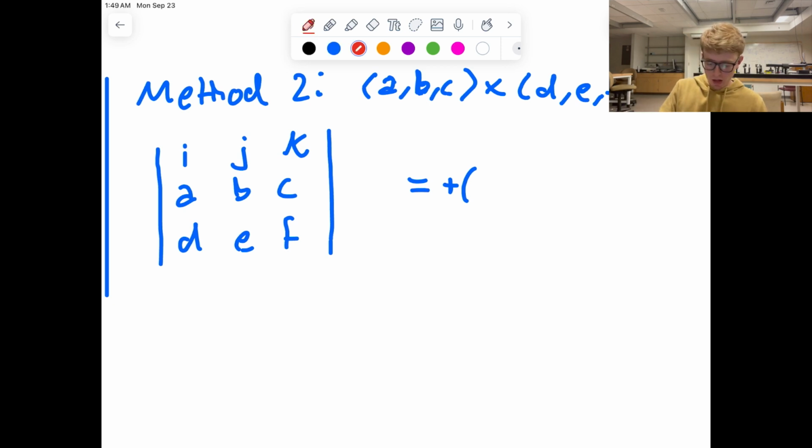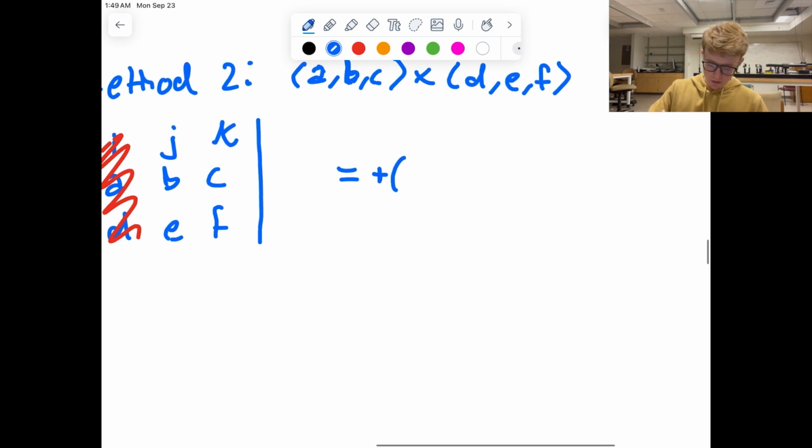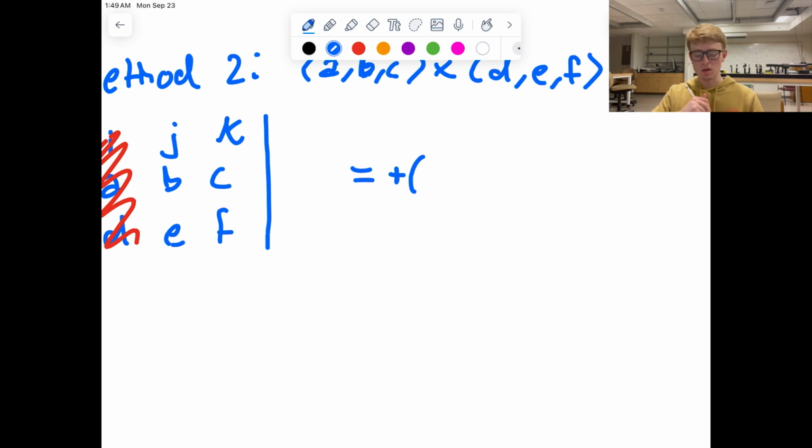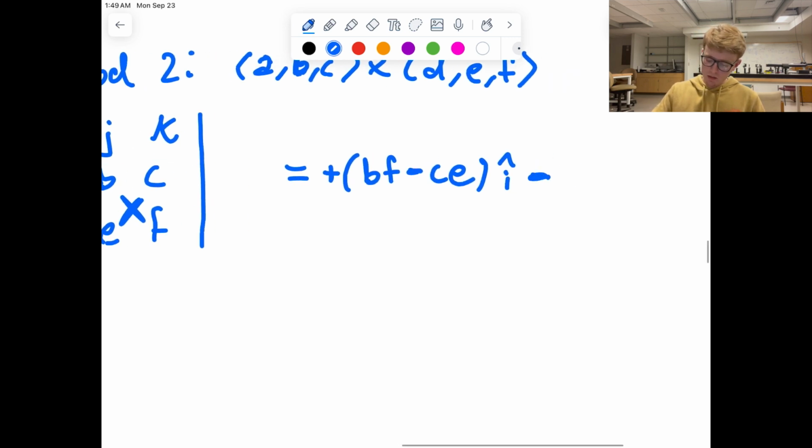So we're going to block out I. Whichever one we're currently computing, we block that column out. Then we cross the columns that are left. So we're going to do B times F minus C times E, okay? And that'll be I hat. Then we're going to flip and go minus the next set.